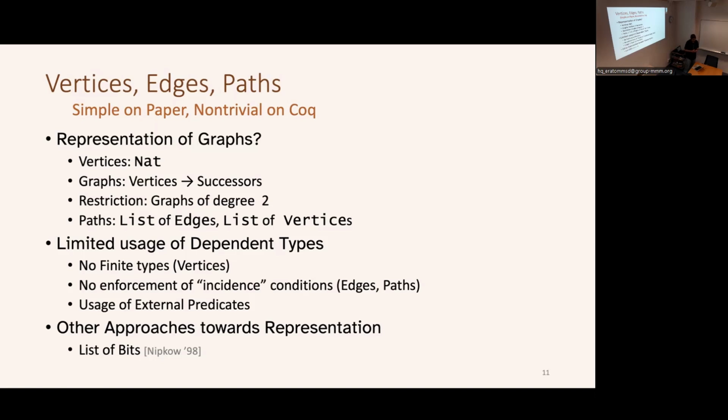A similar approach I have seen is by Doczkal et al. from CPP 2013. And this is a very similar idea, except that instead of using a list of bits, which is somewhat more primitive, he used sums and products of finite types.